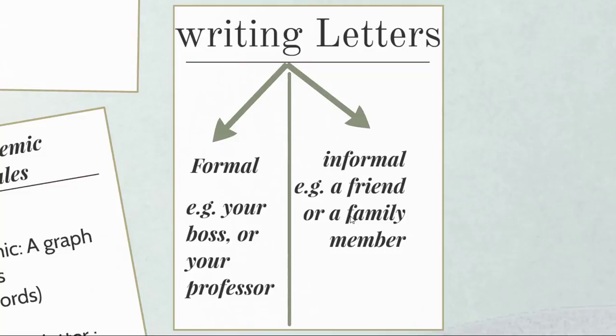And of course, the language used in the informal letter is informal language, like casual language, okay? Like the language you use with your brother at home or with your friends. However, the kind of language used in the formal letters has to be standardized, okay?